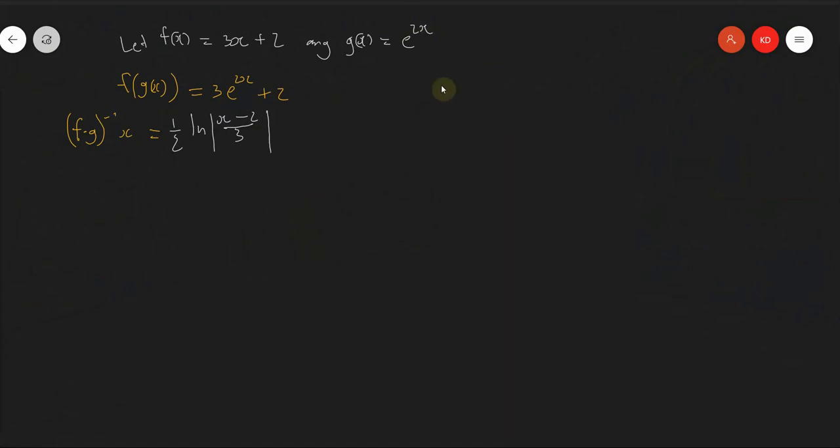Remember that we found f inverse of x before. That was simply x minus 2 over 3, and g inverse of x was equal to ln root x, or half ln x. Since we have the half here, let's just use this one for g inverse of x.